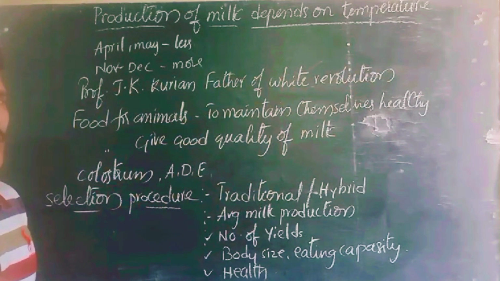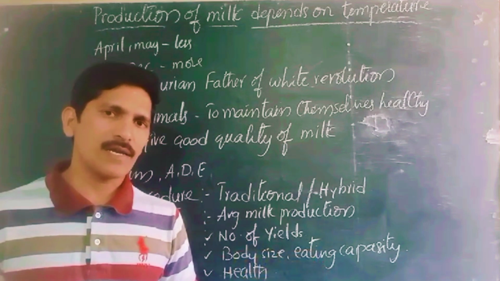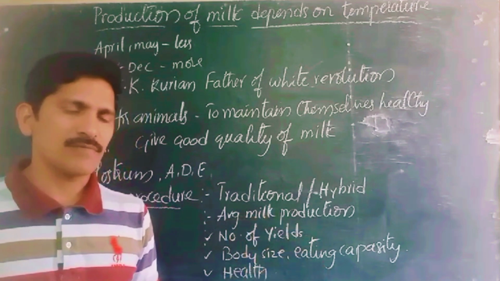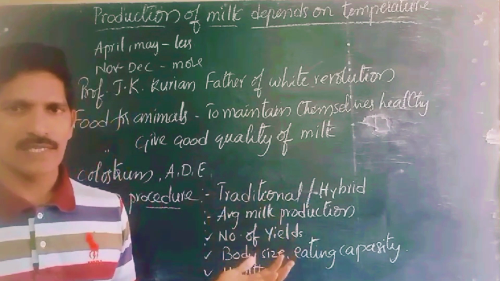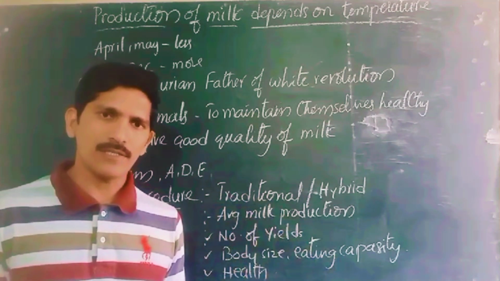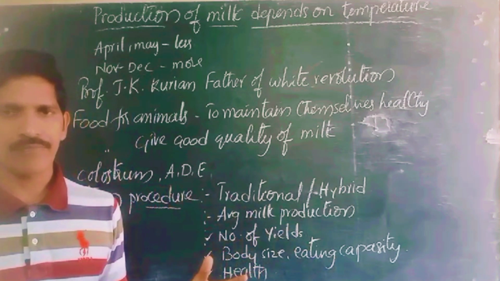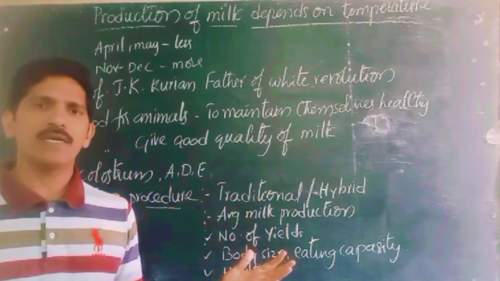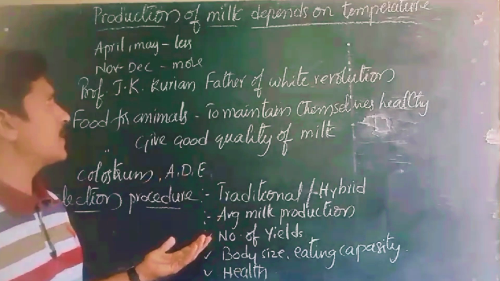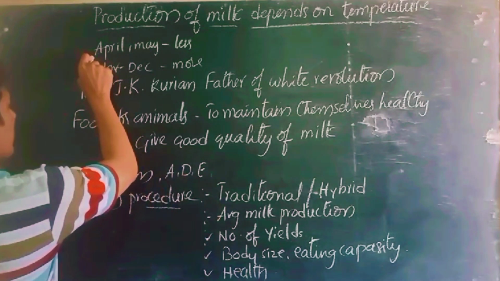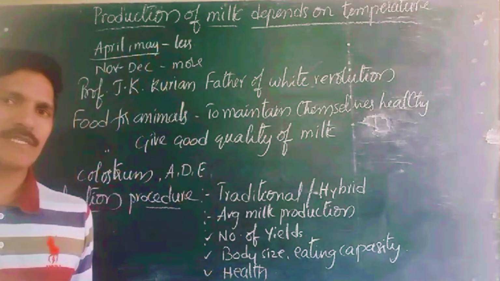Temperature or environmental conditions, in the sense that we do not always have the same kind of environmental conditions. Generally there are seasons: the summer season, winter season and rainy season, right? Summer is too hot, and comparatively the winter and rainy seasons are not. Here we can see the months of April and May, when almost the summer season is going on.